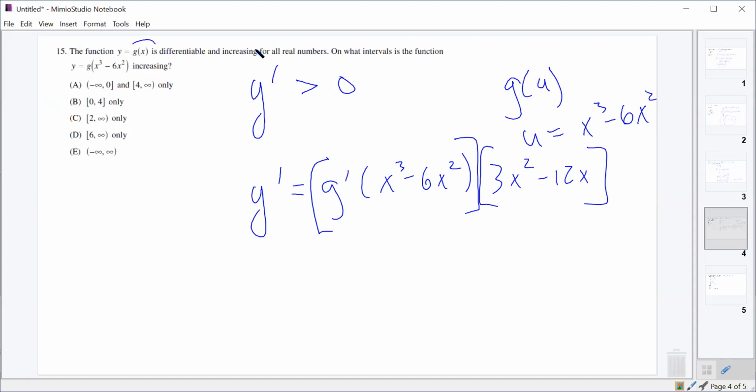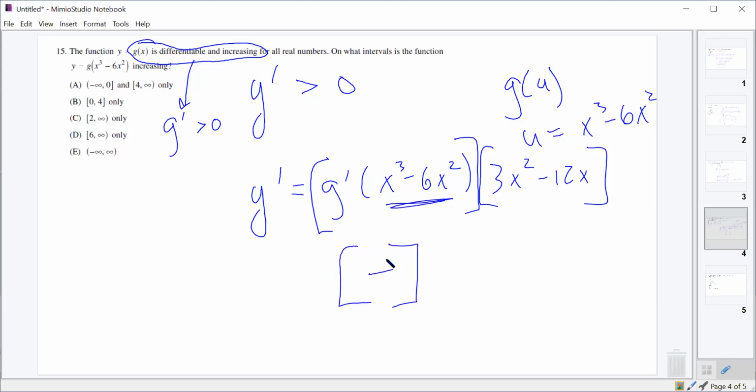Well, if g is always increasing, that tells me that g prime is always greater than 0, no matter what. No matter what value I plug in, g prime is always greater than 0. So this right here is a positive. So we have a positive number times 3x times x minus 4. And we want to know, when is this greater than 0?